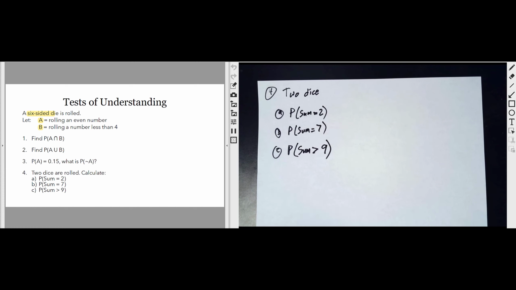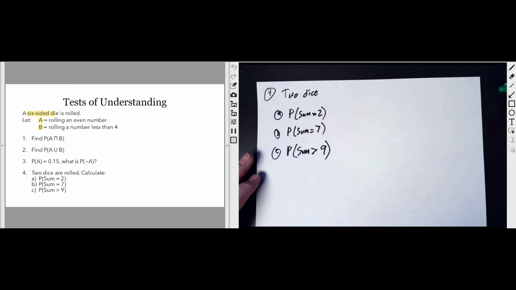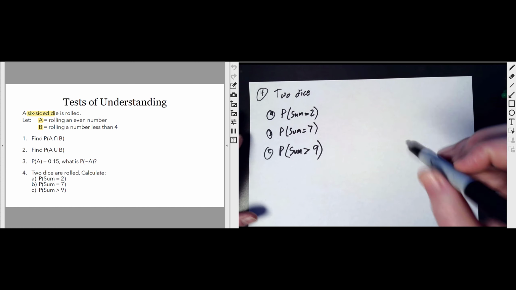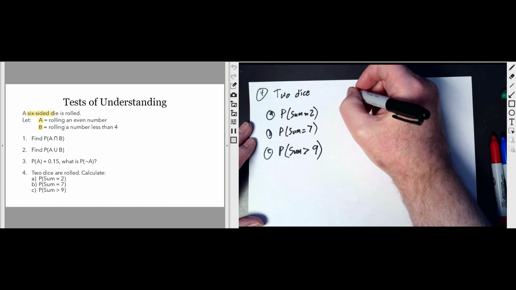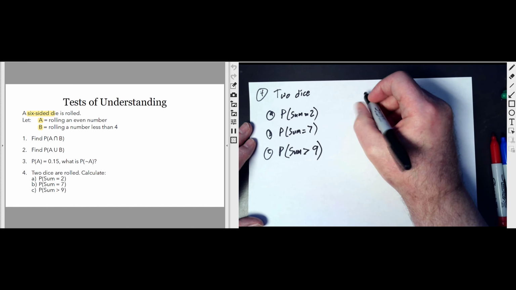Okay, well, here, since we're rolling 2 dice, what we want to do is enumerate all of the possible outcomes that can occur. And so 1 die could have possible outcomes.